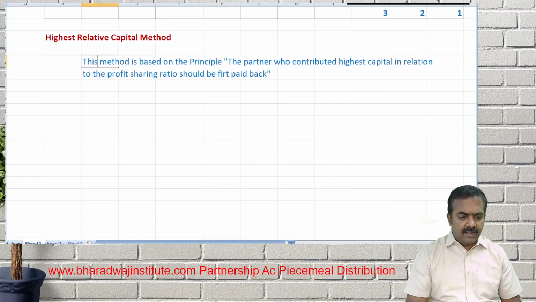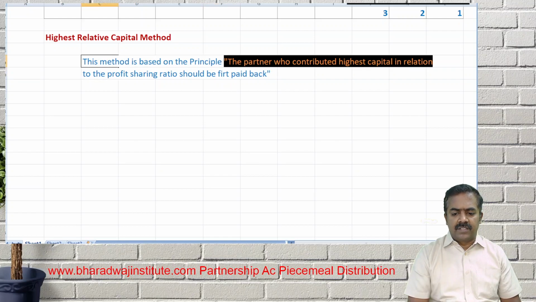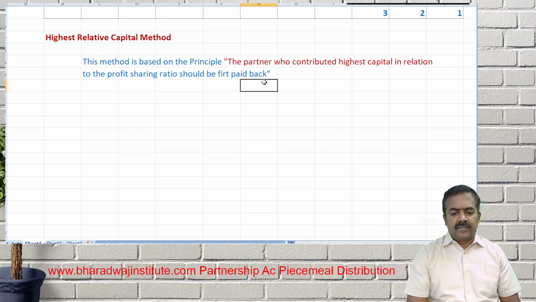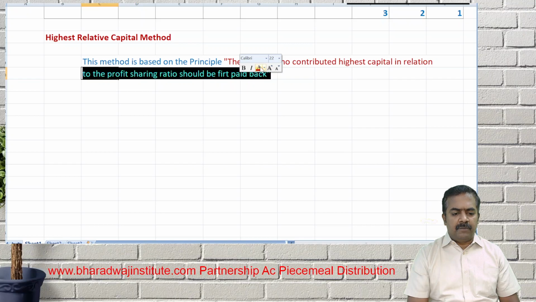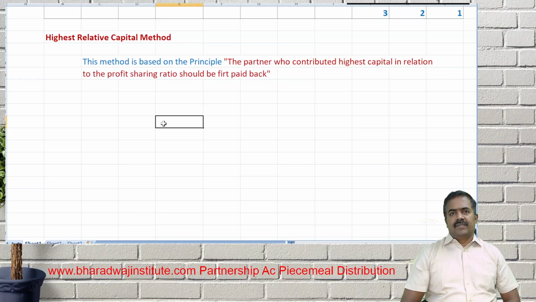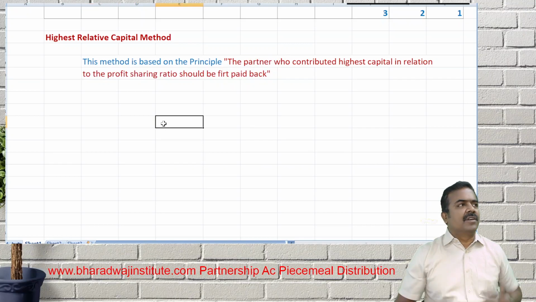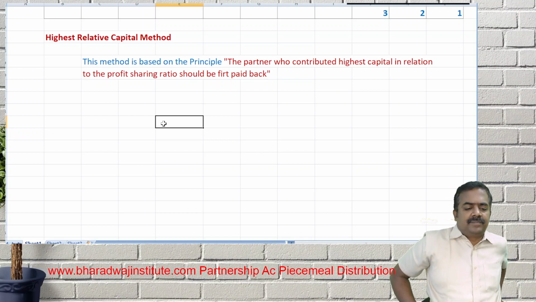Clear? The partner who has contributed highest capital in relation to which one? Profit sharing ratio should be first paid back. யார் அதிகமா கான்ட்ரிபியூட் பண்ணிருக்கானோ அவனுக்கு ரிட்டர்ன் பண்ணதான் நியாயம். அந்த மாதிரி.